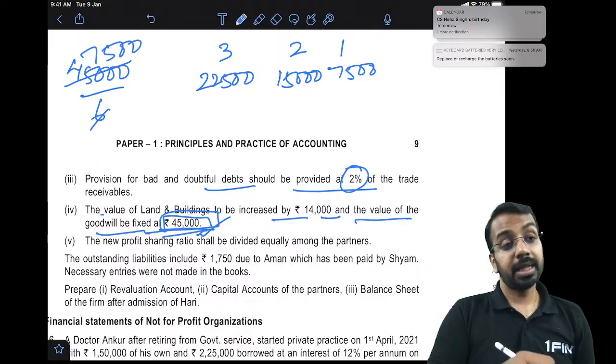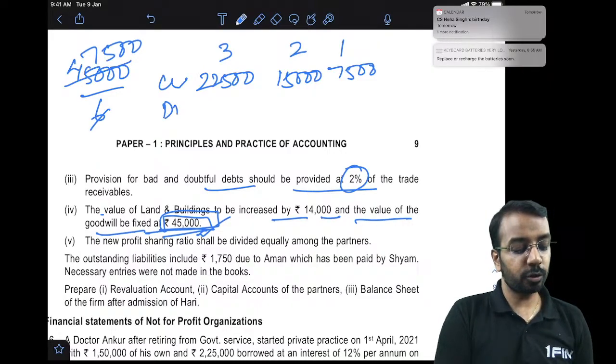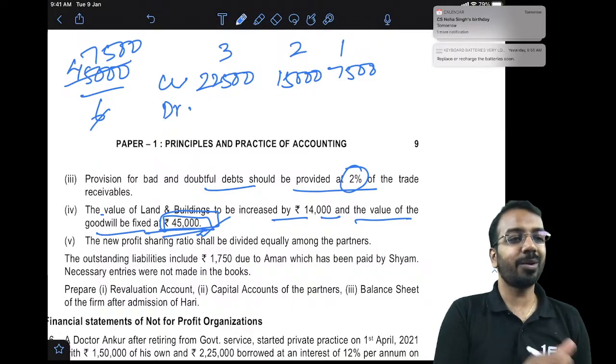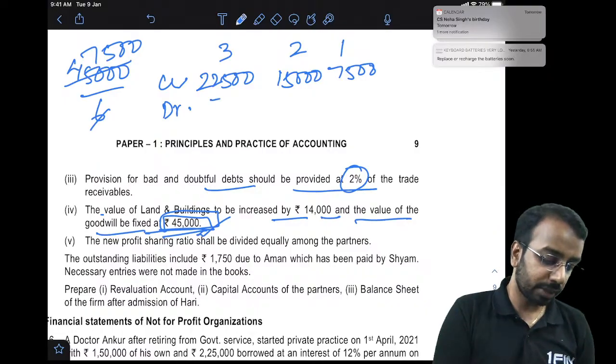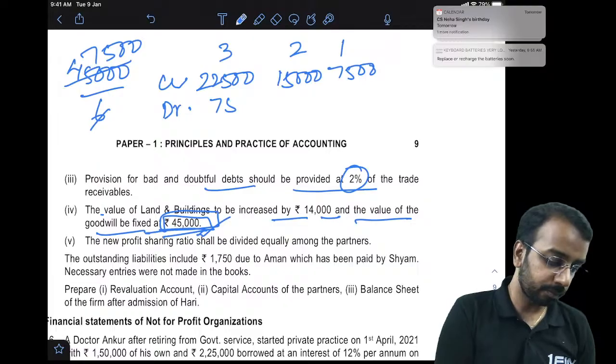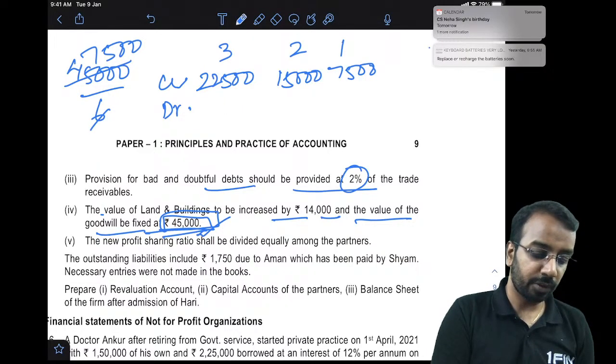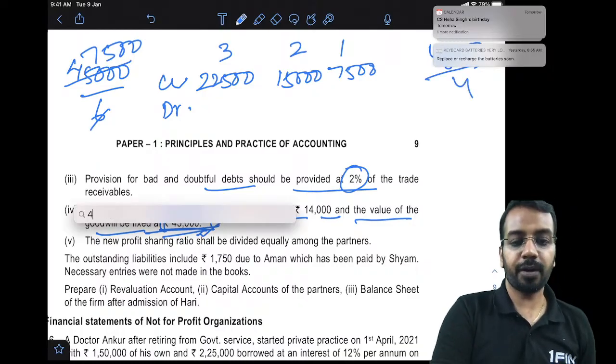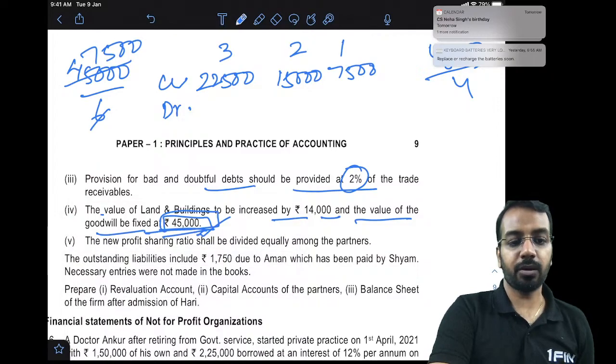Now this is credit. Debit should be equal, which means 45,000 divided by 4, so 11,250.